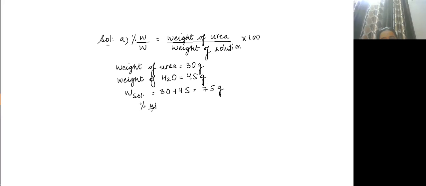So percent weight by weight is 30 divided by 75 into 100. On solving this, you will get 40%.